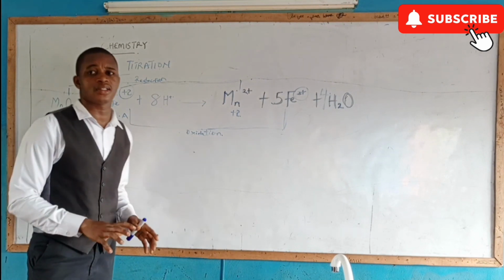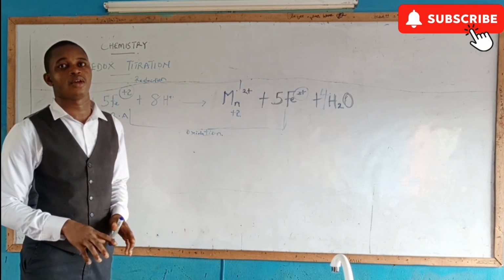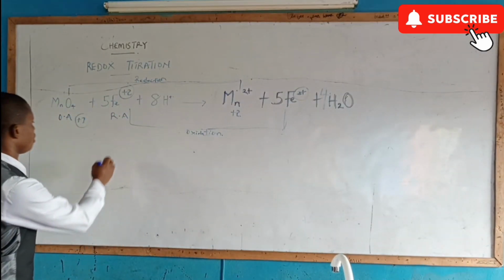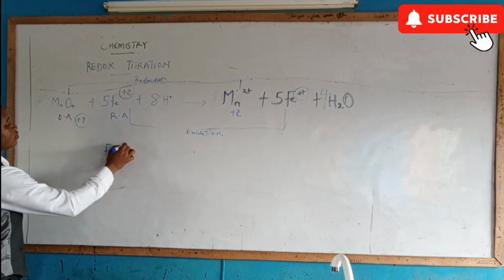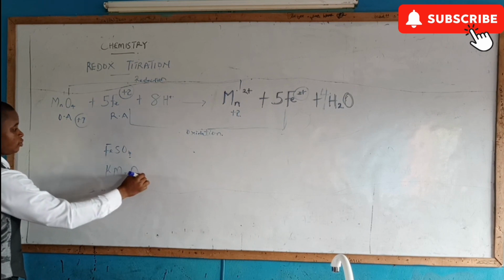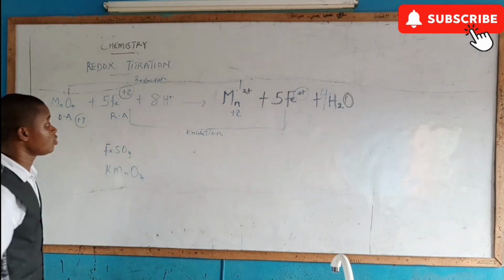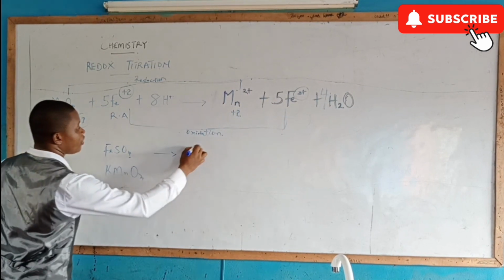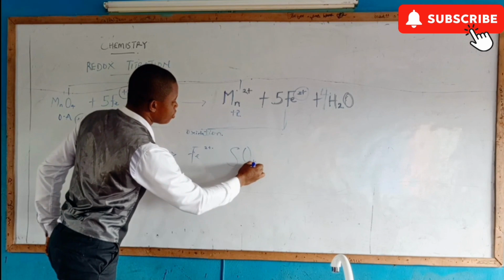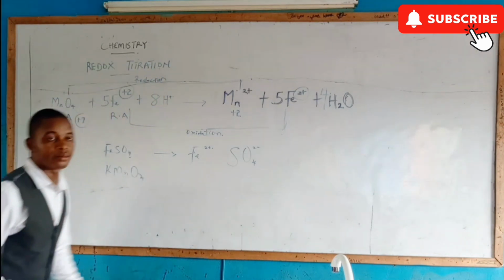Now, for the practical given this very year, since I mentioned iron sulfate and potassium permanganate, when they dissociate, especially when they're in ionic form, we have the formation of iron 2+.